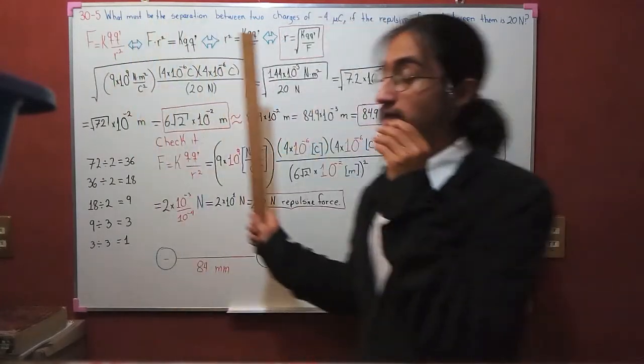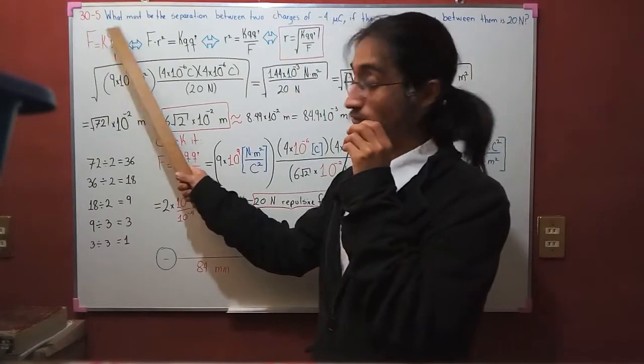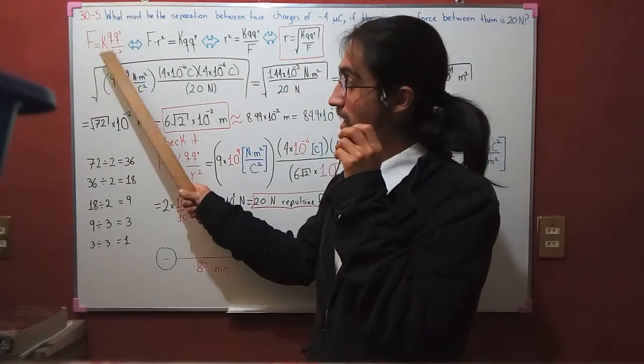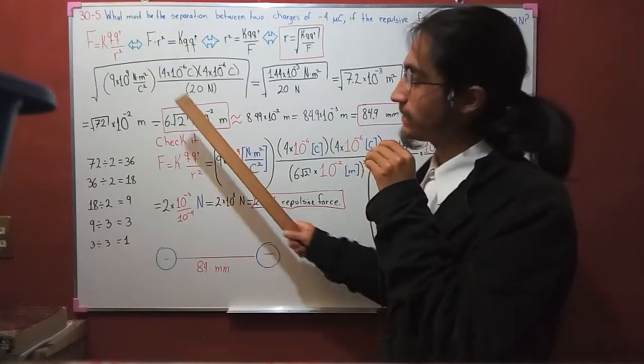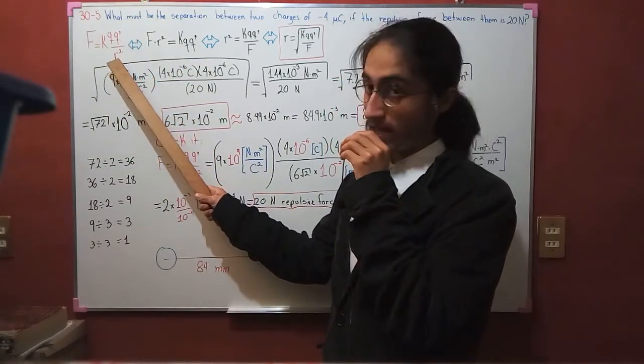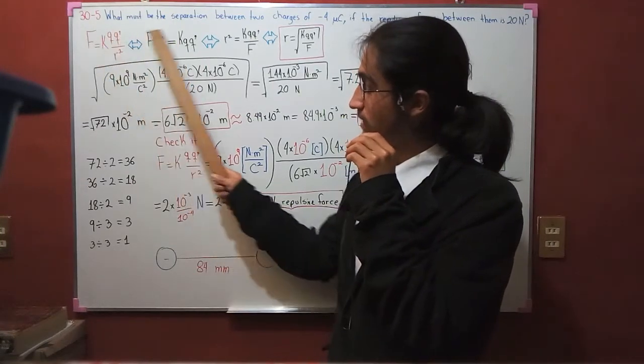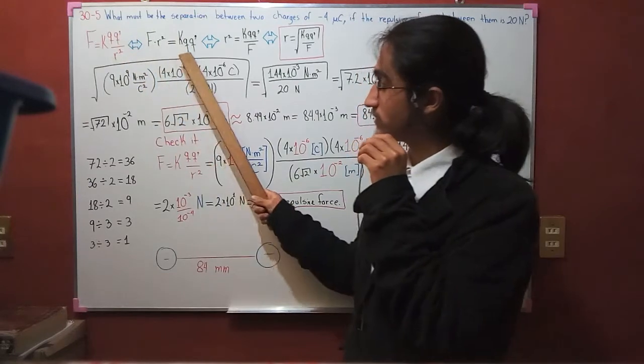The force by the law of Coulomb is K multiplying Q prime divided by R squared. Then the force multiplying R squared is equal to K multiplying Q prime.